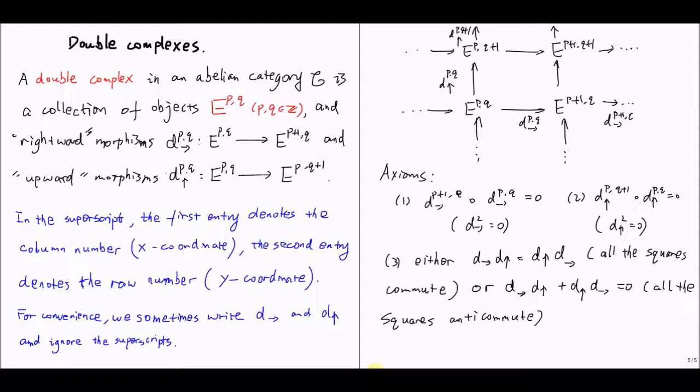To avoid confusion, let me add that means either all the squares are commutative or all the squares are anti-commutative. We do not allow such a bizarre situation when like 30% of the squares are commutative while the 70% of the squares are anti-commutative.